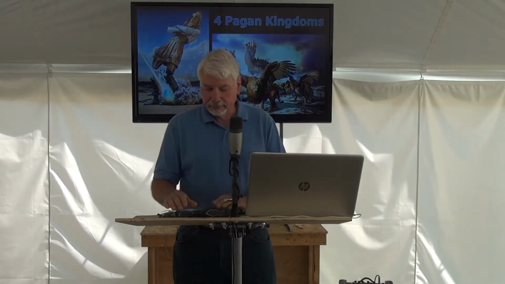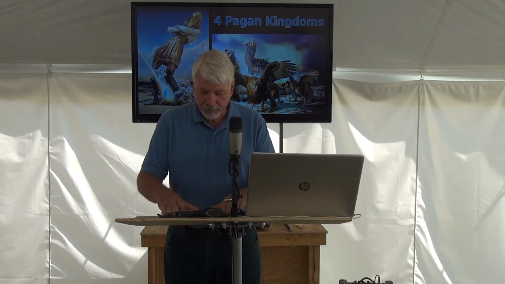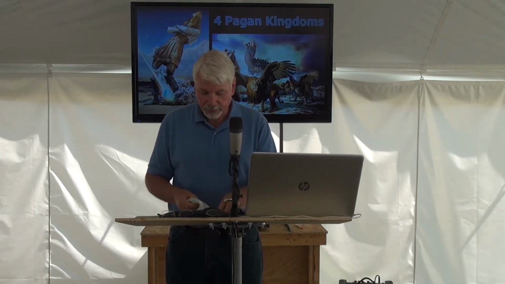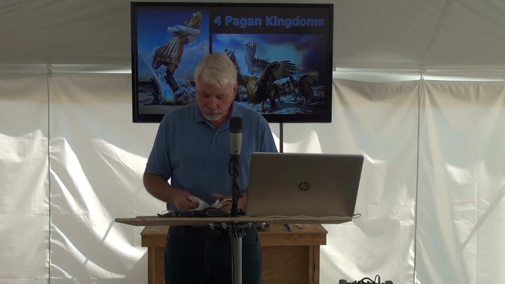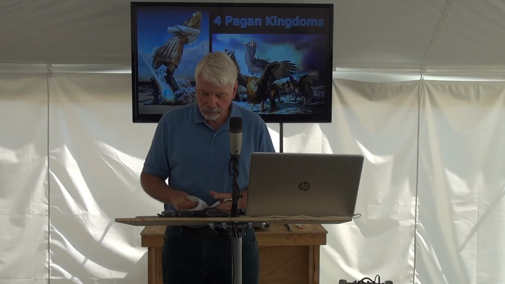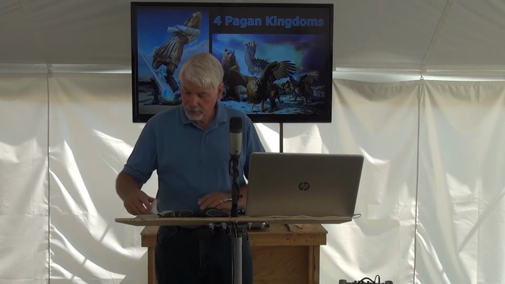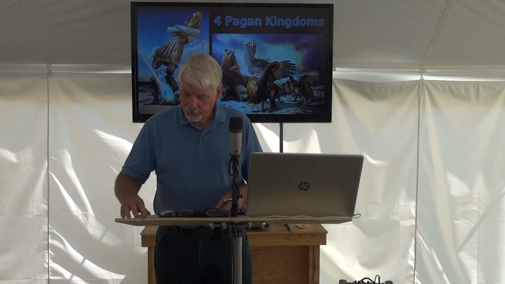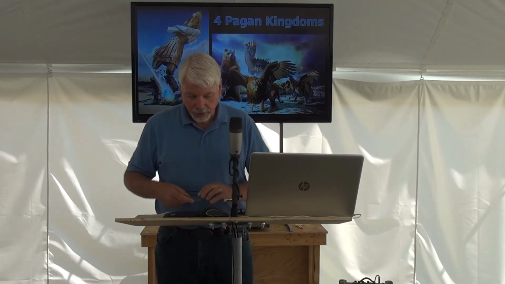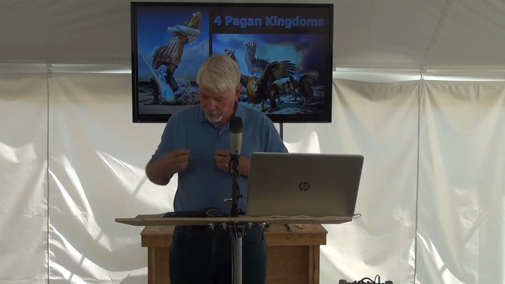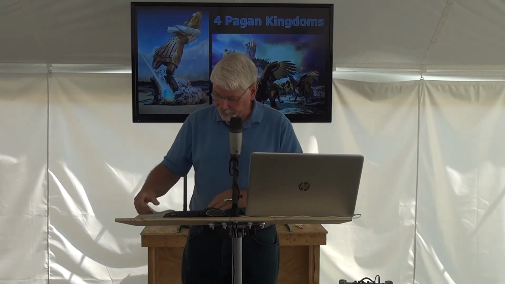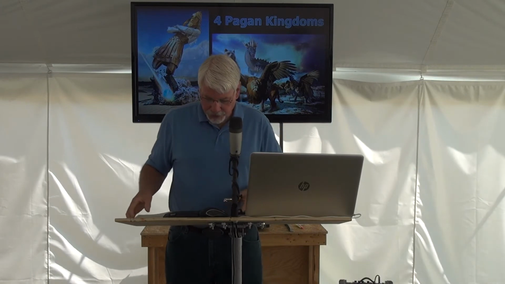All right? Now, I want you to turn in your Bibles to Jeremiah chapter 22, and verse 24. I mentioned this briefly last time, but I want you to see it in print.